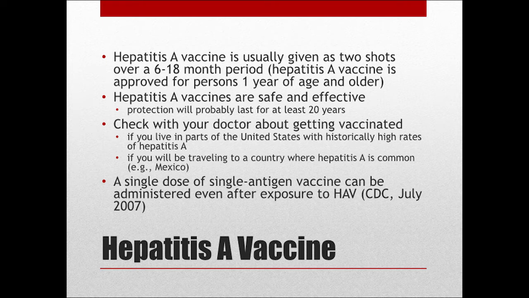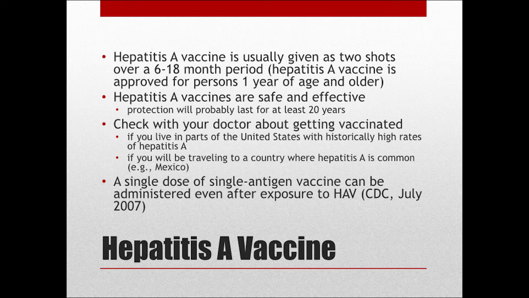I didn't get my shots until I was 15 or 16 when I was going to leave the country, and for some of us it was even later. But that has dramatically decreased the incidence of these diseases. They are safe and effective, these vaccines.